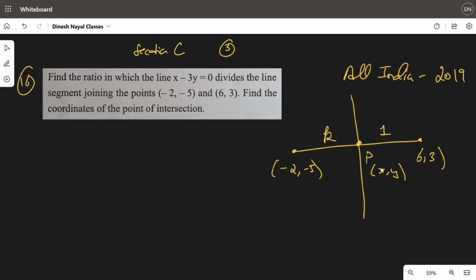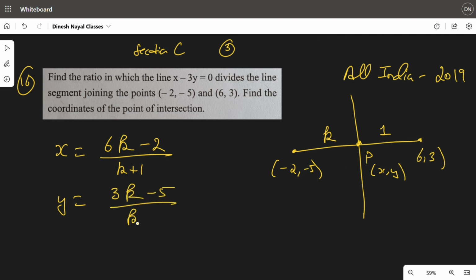Now what is x? Using the section formula that we have discussed earlier, x will be (k into 6, plus 1 into minus 2) upon k plus 1. What will be y? y will be (3k, plus 1 into minus 5, which is minus 5) upon k plus 1. This is x and y, and the line they have given is x minus 3y equal to 0.